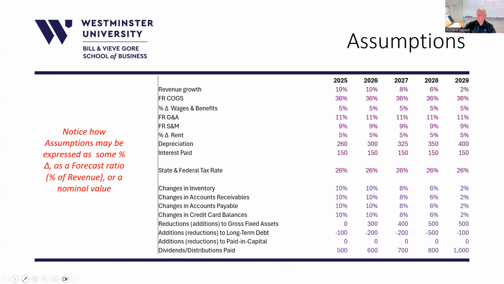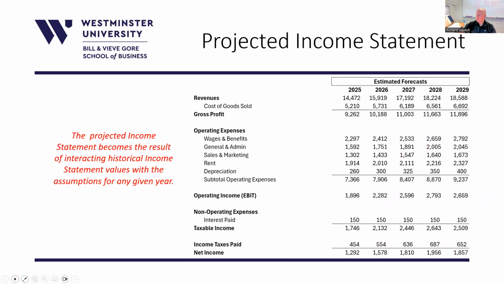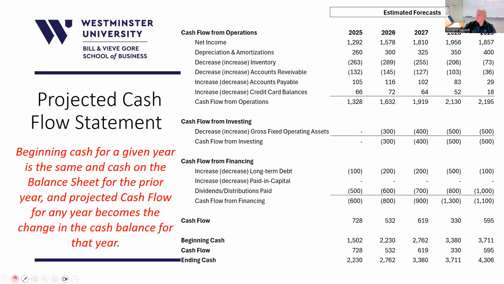How do we see those represented in our forecasted cash flows? We see the paying off of debt as negative values, just as we see the paying of dividends and distributions as negative values. I didn't show them as negative values in the assumptions. I made that conversion when I did the cash flow statement itself.